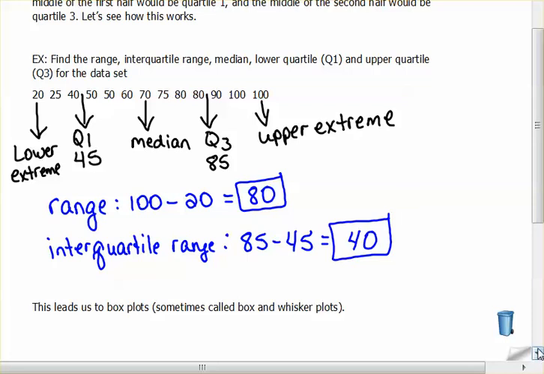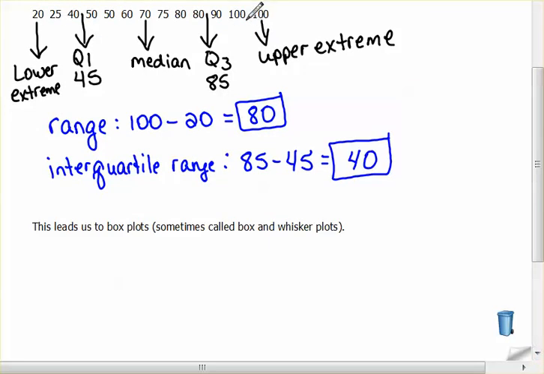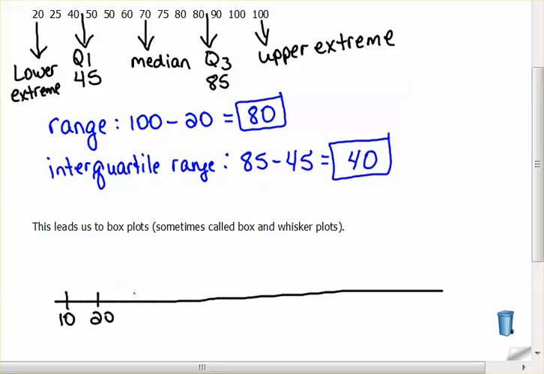So let me show you how a box plot works, and we're going to use the data that we just did up here in order to construct this box plot. First things first, I'm going to draw a number line, and I'm going to mark it in increments of 10, 40, 50, 60, 70, 80, 90, and 100.